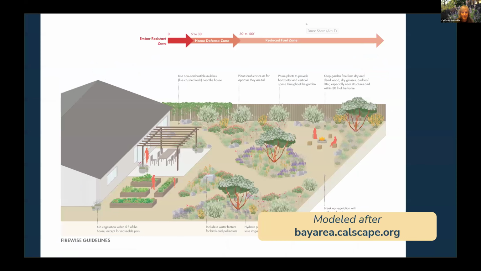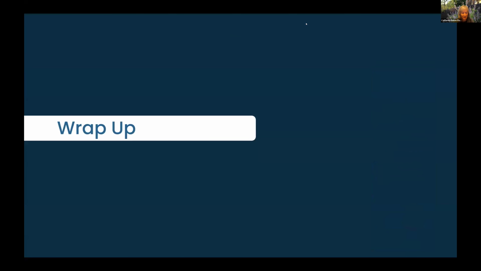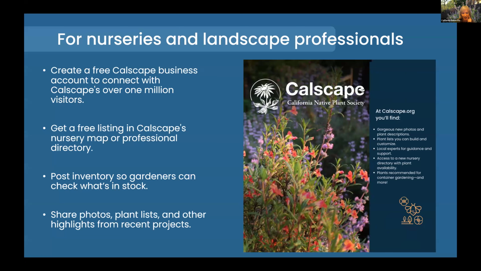So I think to wrap up, I know we have some time for questions and answers, but before I go into that, I'll just remind nurseries and landscape professionals about these new features: sharing photos, sharing plant lists, posting your inventory.